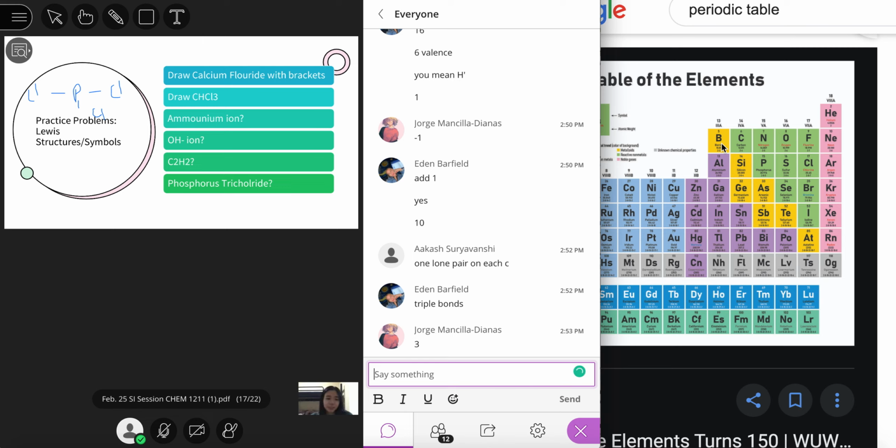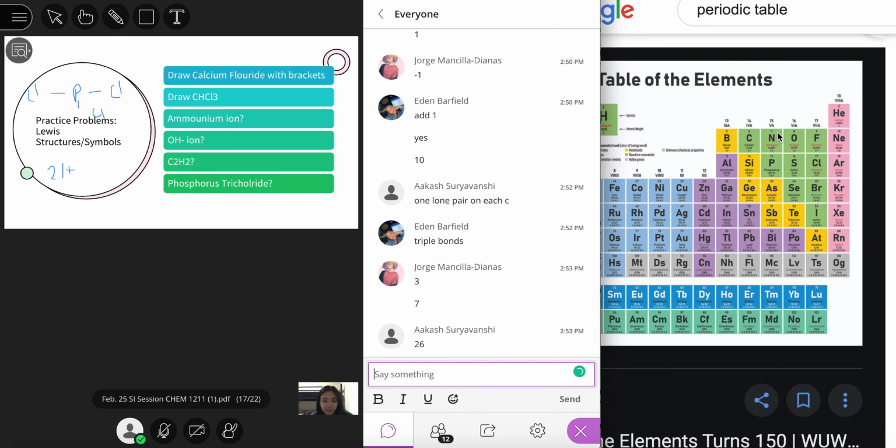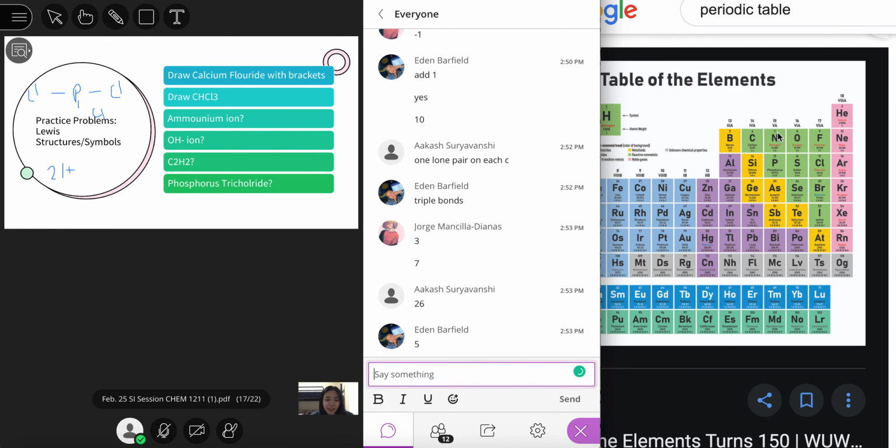We know Cl is 7, and there are 3 of them, so that's 21. 21 plus how many in phosphorus? You would add 5 to that, so 26. Yes, Akash and Eden, you're both correct.